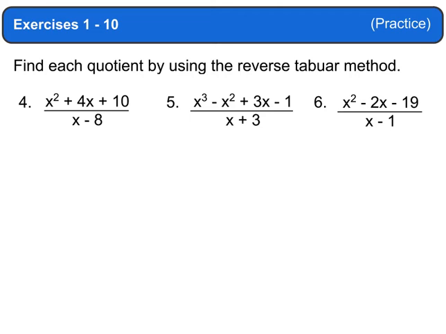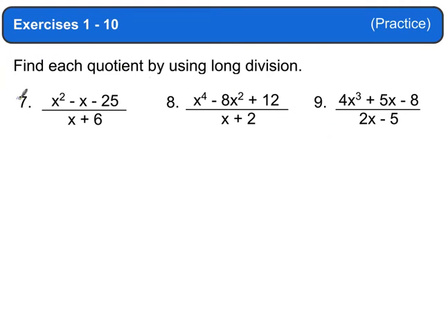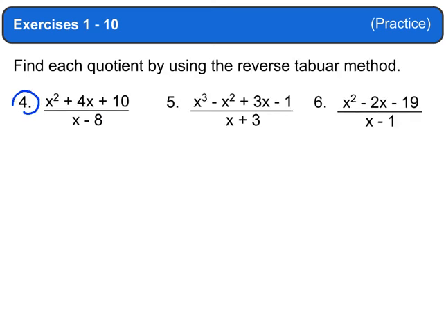And so that gives us 4, 5, and 6. I'm going to show just one more of each. I'm going to show number 4 using reverse tabular, and I'm going to show number 7 with long division. I'll leave 5, 6, 8, and 9 alone. That way you see this worked out 3 times. And if you need additional help, just let me know.